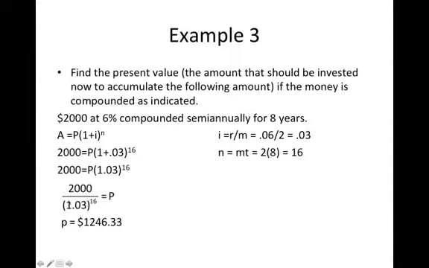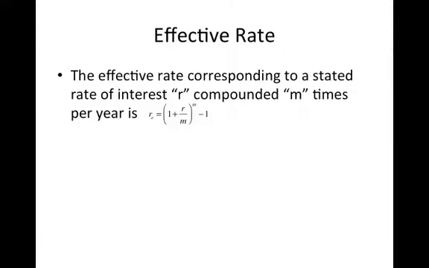So I'm going to get 2,000 divided by 1.03 to the 16th power equals P. And thanks to our nifty calculators, it's really easy to put that in there. And so we get P equals $1,246.33. So if I want $2,000 in 8 years and I can get 6% compounded semi-annually, I need to invest $1,246.33 into that account and just let it sit there.